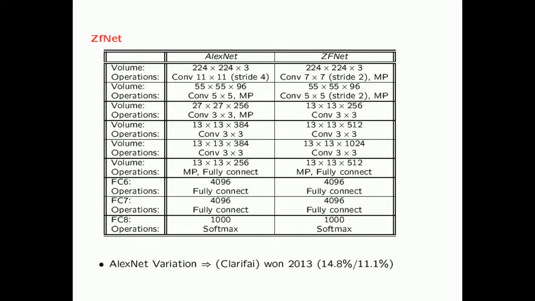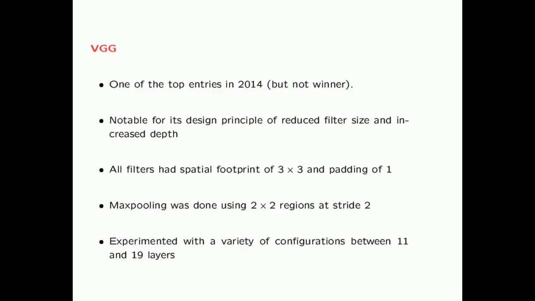The fully connected layers contain the same number of units, and since the softmax is based on the same number of classes, it also contains 1000 outputs. Now, AlexNet had an error rate of 14.8%, which was reduced by further enhancements in Clarifai to 11.1%, and this was the winner of the 2013 ImageNet contest.